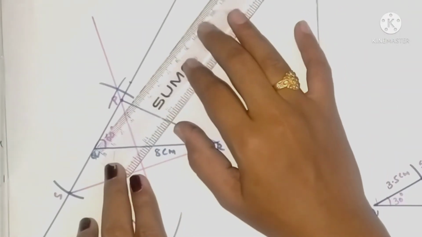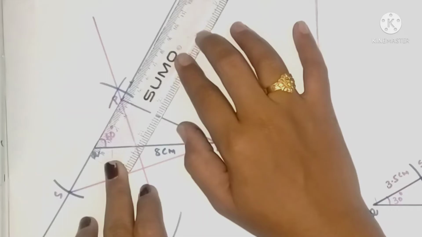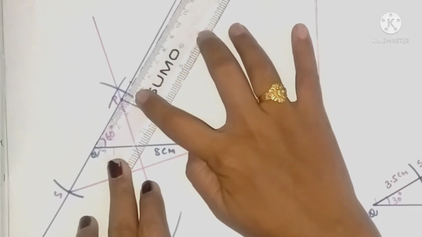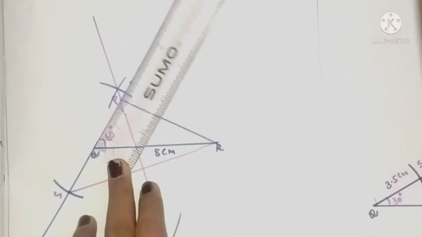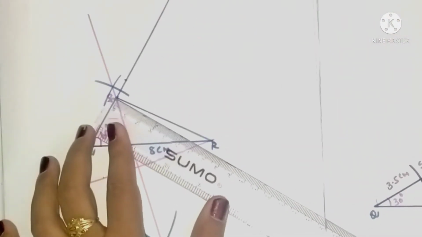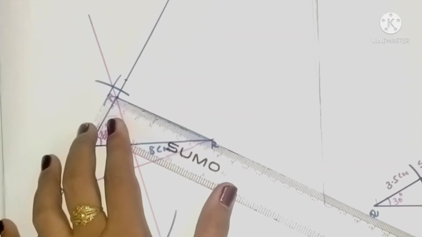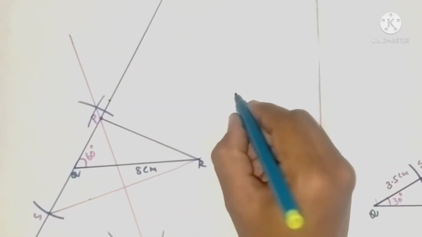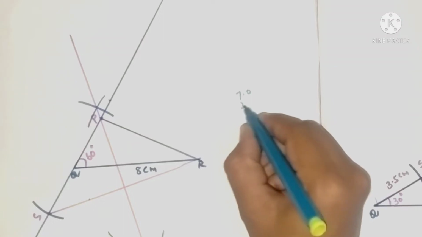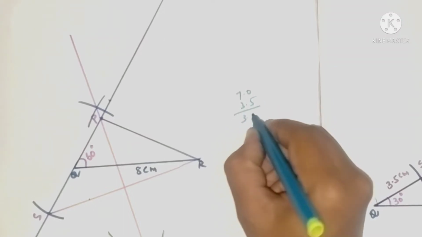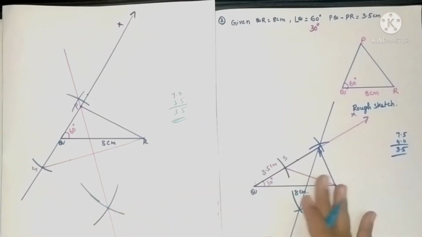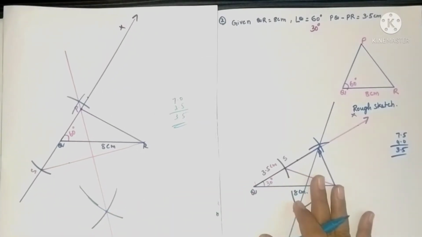So if you measure PQ, see, PQ is 3.5 and PR is 7. So 7 minus 3.5, again 3.5 only, na? Okay. So either in this way or this way you can construct, ma.